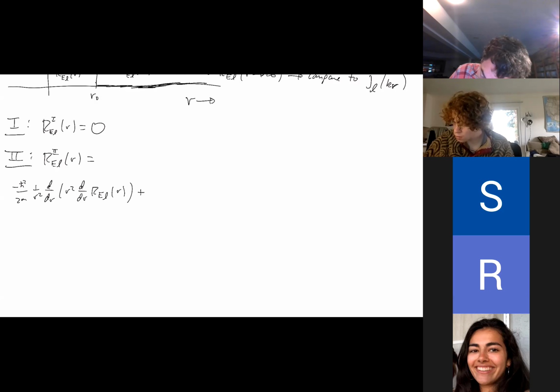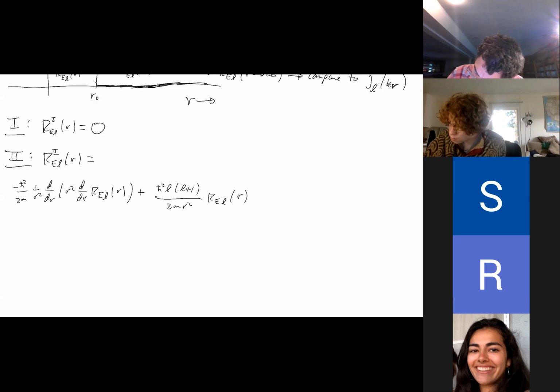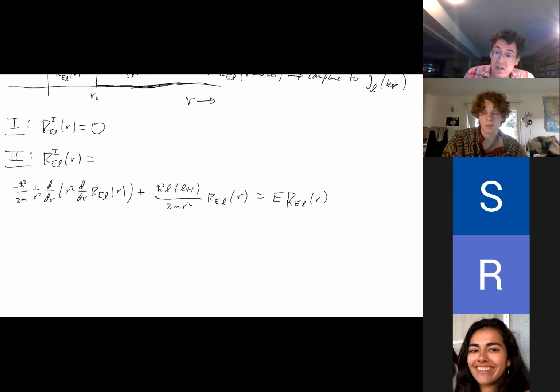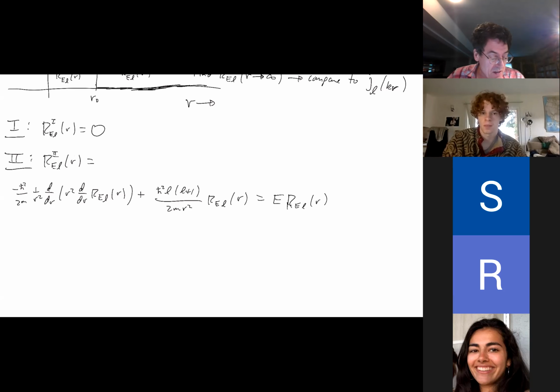And then h bar squared L times L plus 1 over 2mr squared R_l(r) equals E R_l(r). Okay, so that's the radial Schrodinger equation in region 2, right? You see that? Yeah, it looks good. I think I wrote that down correctly.